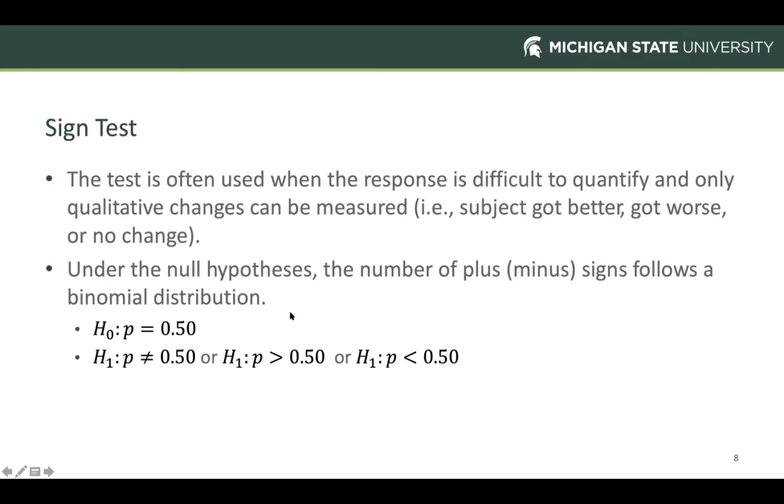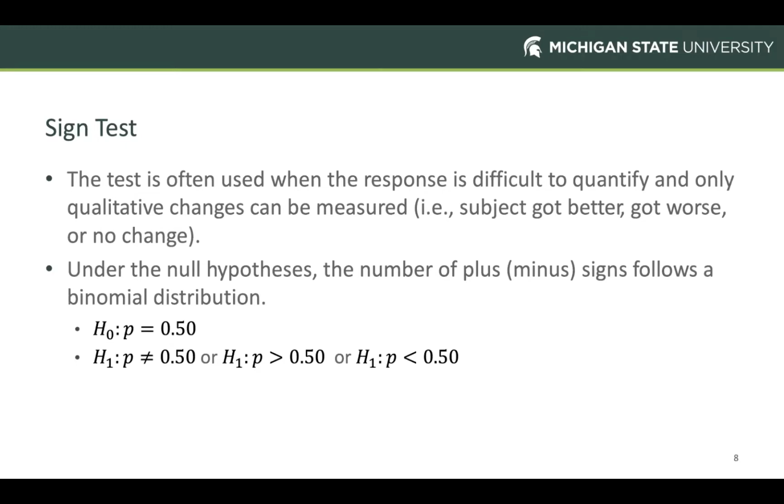And so in this specific case, the binomial distribution, anytime we have a dichotomous outcome, so it can take either a yes or no, classified into one of two categories. Our null hypothesis in this setting is basically that there's no difference between those. And so the probability of observing a plus or the probability of observing a minus would basically be equal to 0.5 for each individual observation if we're assuming we're observing a number of different observations in our sample.